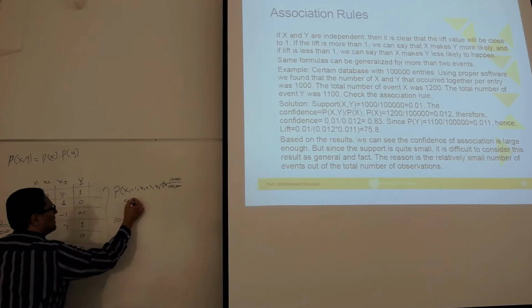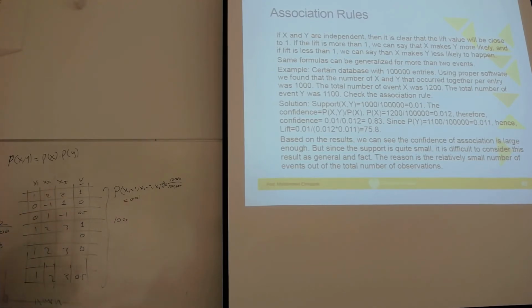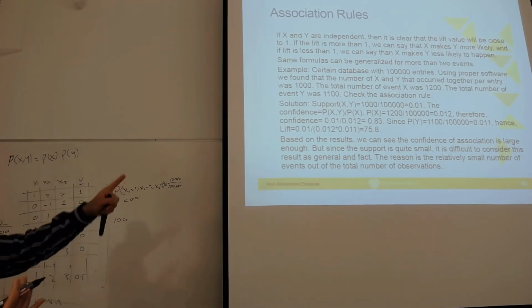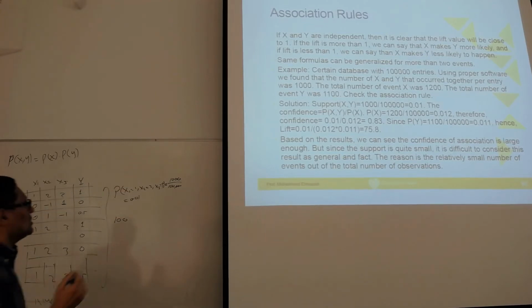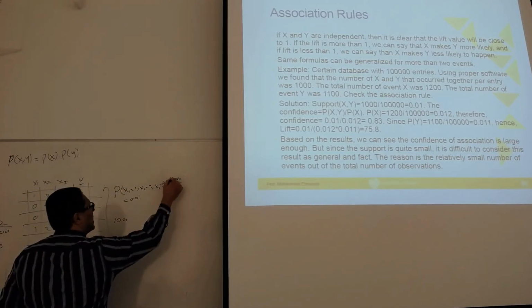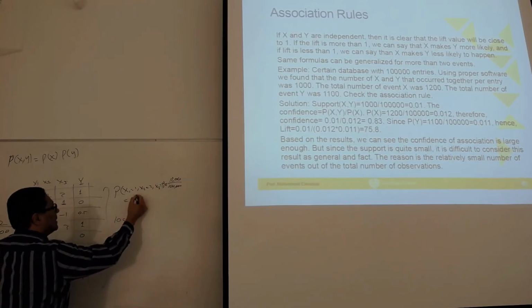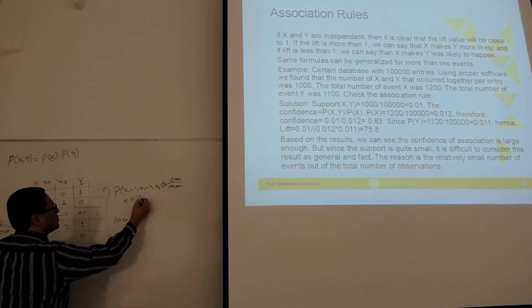So this will be 0.01. This is the probability of X. The probability of Y: they said that the event Y that you are interested in repeated 1,200 times. So it will be 0.012.